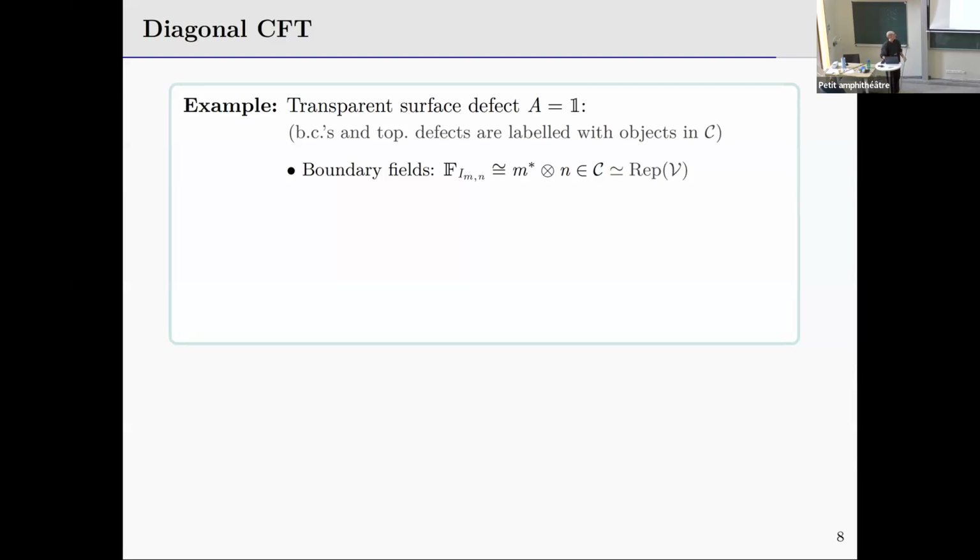No, but I can also see that it's not semi-simple by looking at the bulk fields, which are given by this coend object. And in the semi-simple setting, this is really what Ingo had today in his lecture, which is just a sum of simple times simple dual, depending on your convention.